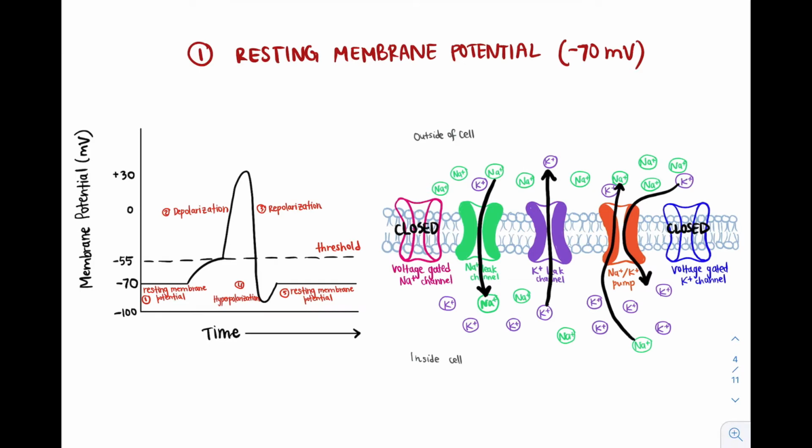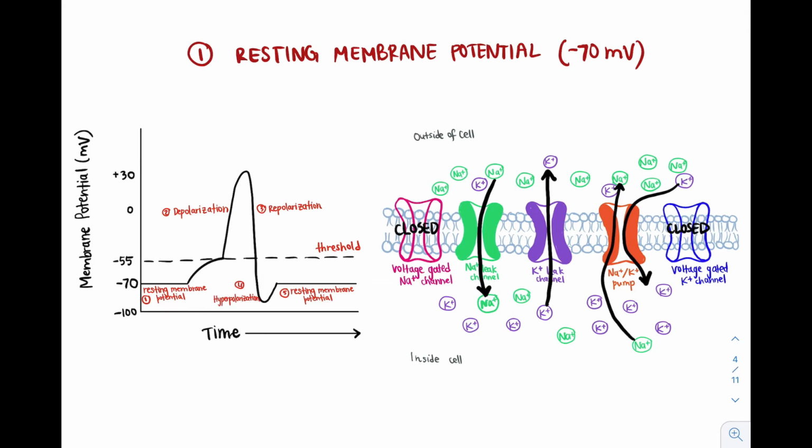Now currently the cell is at resting membrane potential, which is -70 millivolts. And in a neuron cell, we have 5 main channels on the membrane: the voltage-gated sodium channel, sodium leak channel, potassium leak channel, sodium-potassium pump, and then voltage-gated potassium channel.